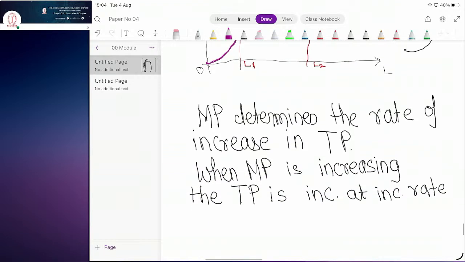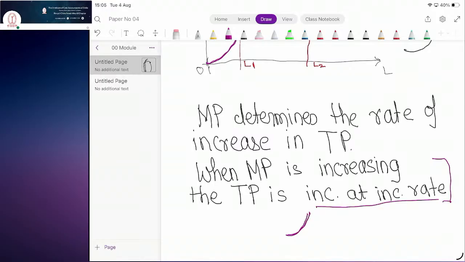So this is your stage 1. Marginal product is increasing at an increasing rate, and total product is increasing at an increasing rate. So the curve is like this.